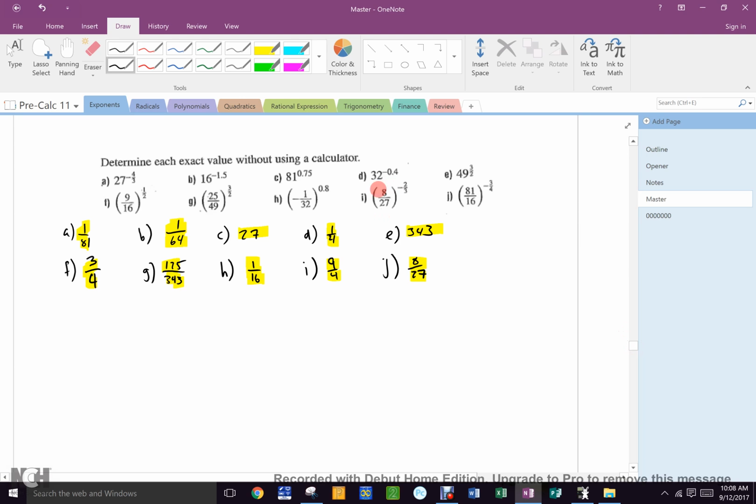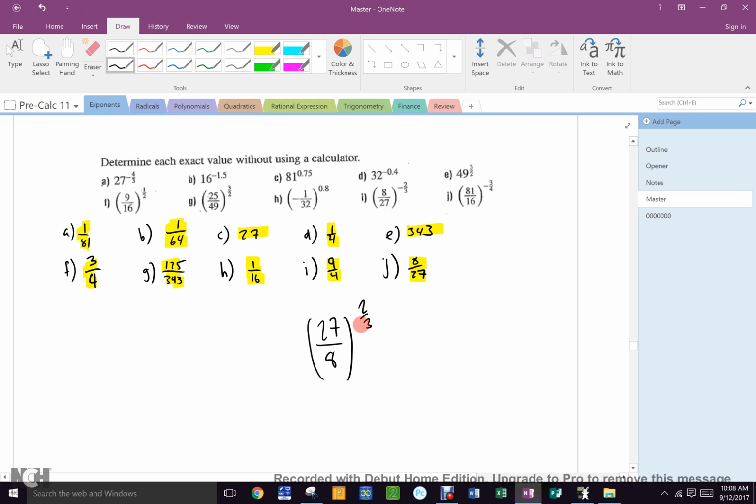I. Yes. Okay. So, can everybody see it? Or they have it in the sheet in front of them? What does the negative exponent do to its base? Flips it over. So this is really 27 over 8 to what exponent? 2/3. Because the negative becomes positive once we flip it, right?